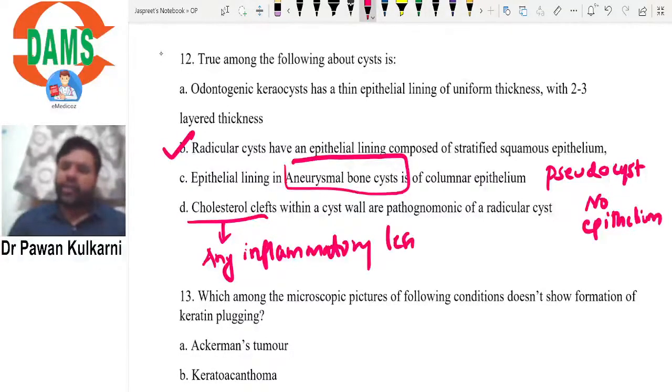Any inflammatory lesion, be it a periapical granuloma, an infected dentigerous cyst, or an infected OKC, in any of these infected, inflammatory conditions, we can see cholesterol clefts. So the correct answer here is radicular cysts have epithelial lining composed of stratified squamous epithelium.